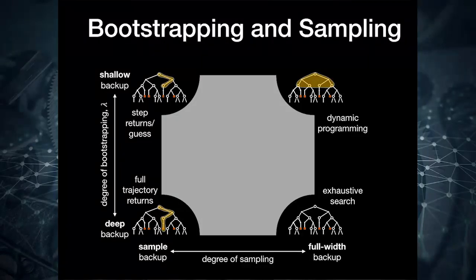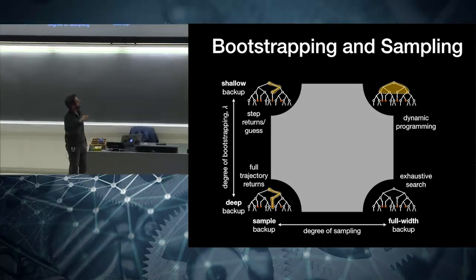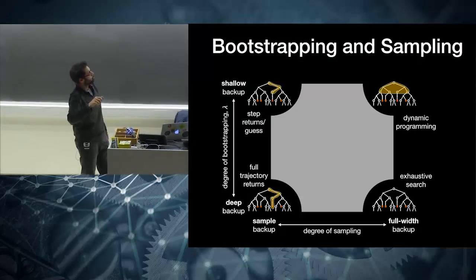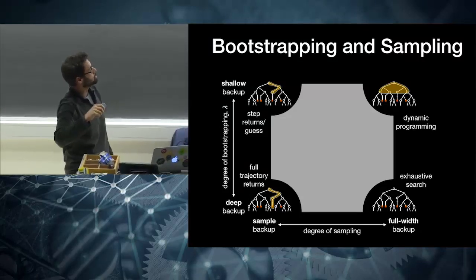If you look at this axis as the degree of sampling, how wide along a game tree you sample experience, or take into account the experience of alternatives in space, the depth here tells you how much you want to look ahead. So a lot of the RL machinery can be understood if you understand where the algorithm that you use falls in this little picture.